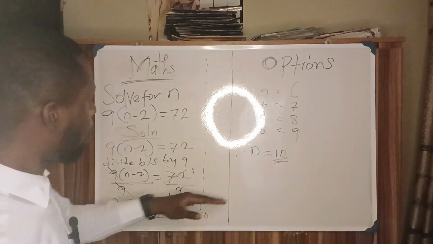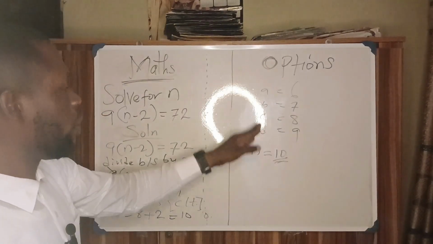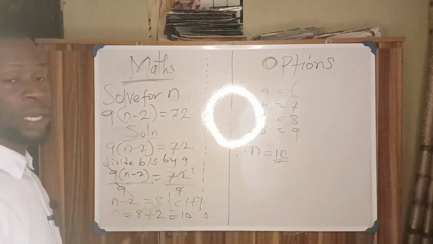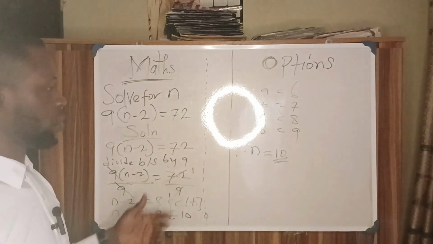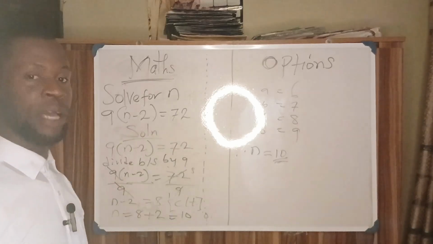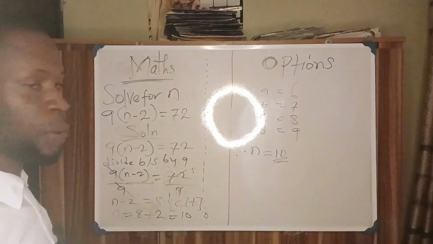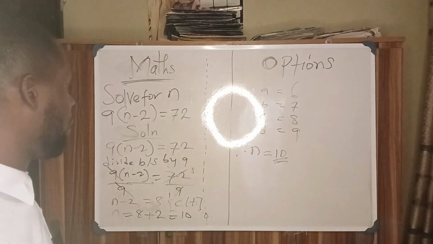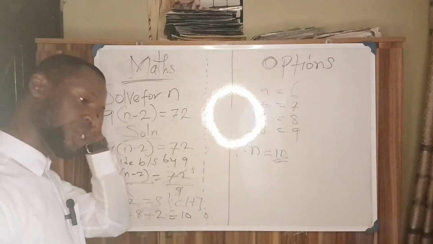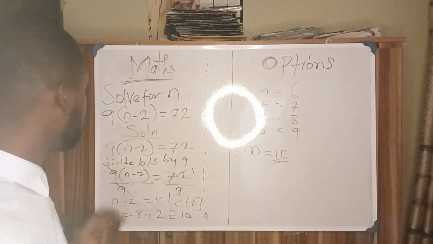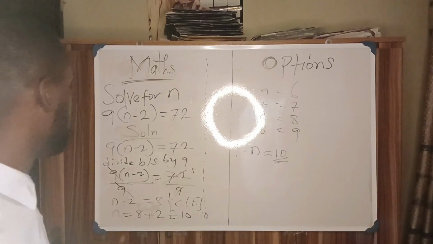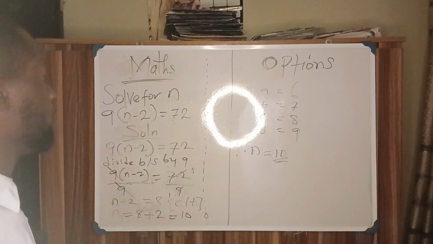From what we have done, the option is not there, so we just leave it like that. Probably the examiner is trying to test to see if you actually know what you are doing. If this is an exam question, your working can help you if you need to show your working. So that is where we are going to stop.